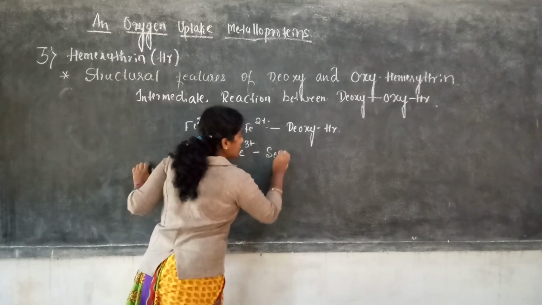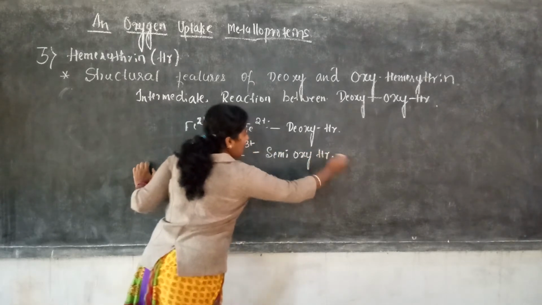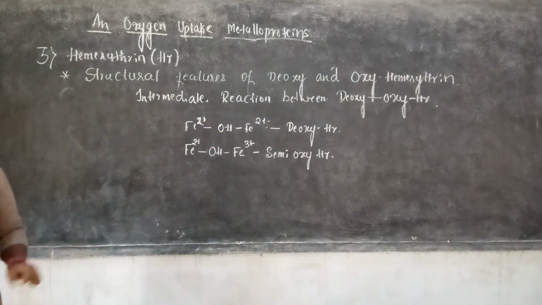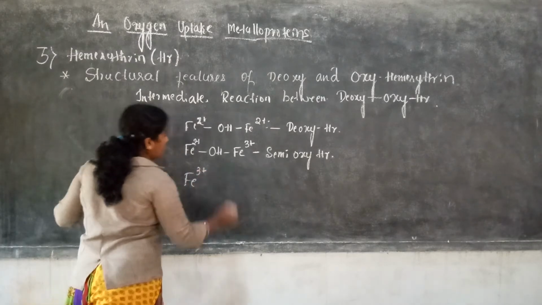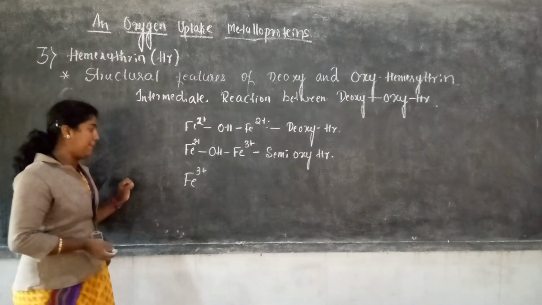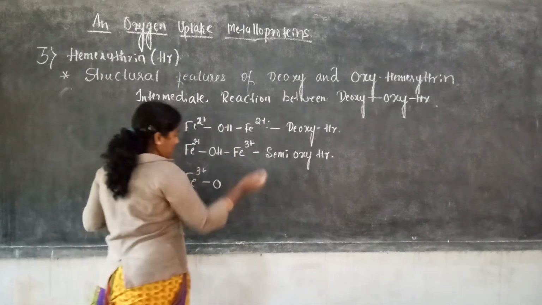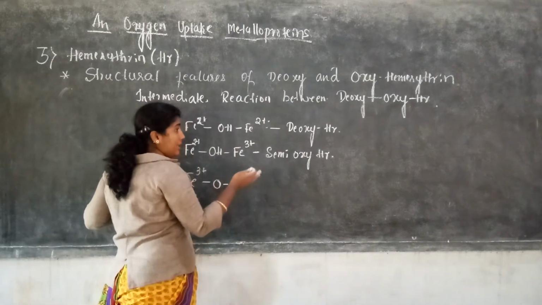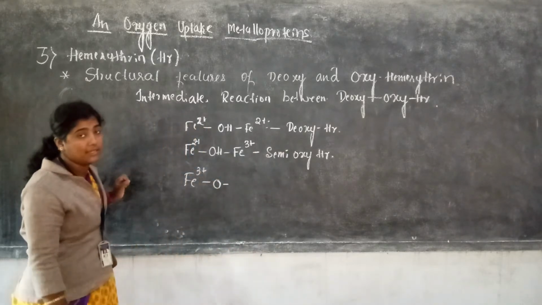This is known as semi-oxyhemerythrin. Then oxyhemerythrin is finally the conversion of Fe2+ to Fe3+, O. The bridging ligands are left, and asymmetric binding takes place at the second iron center.